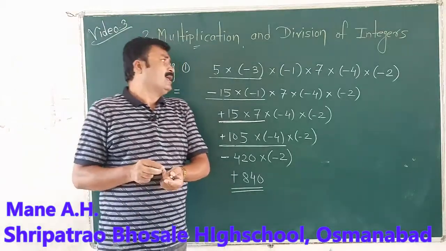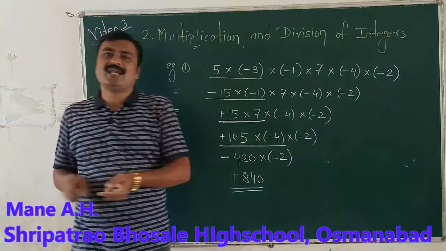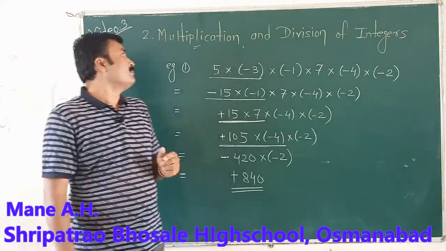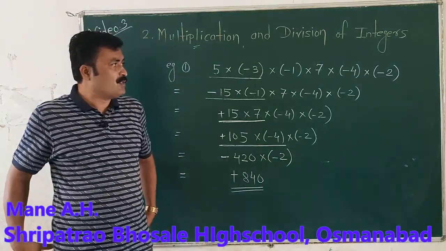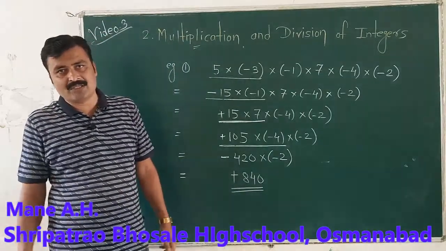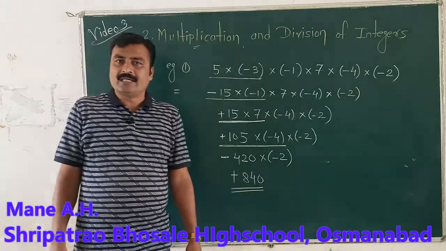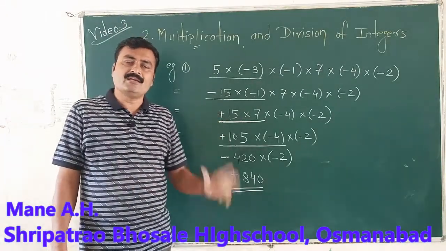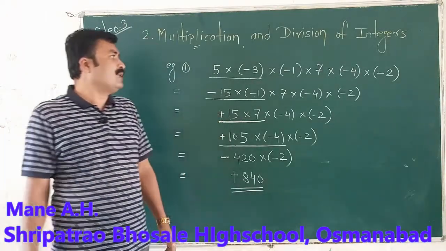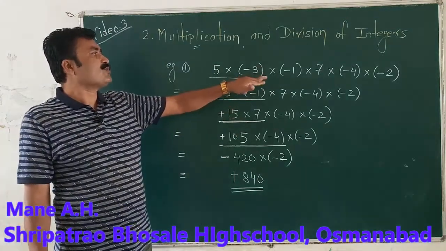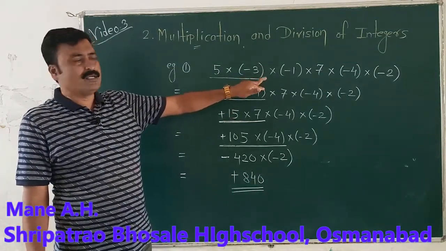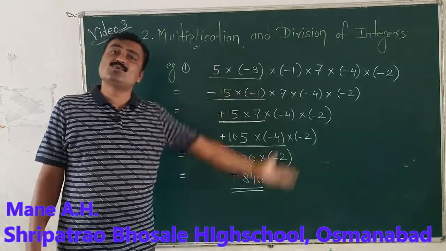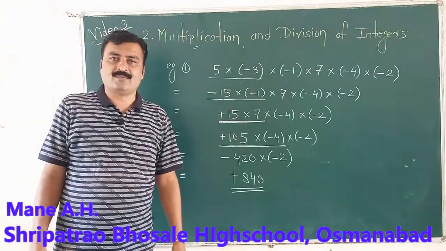So in this video number 3 we are explaining the different conditions for the multiplication process: between two positive integers, two negative integers, one positive and one negative integer, and thereafter by following those rules we learn how to carry out multiplication between more than two integers, which I am showing here on this green board.